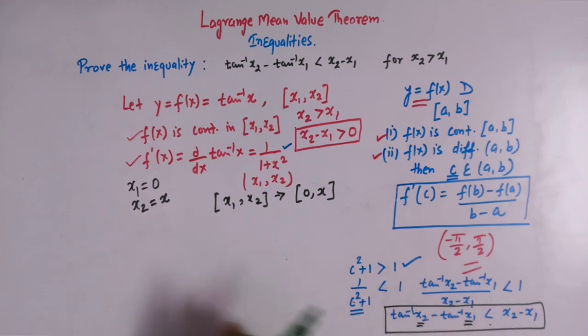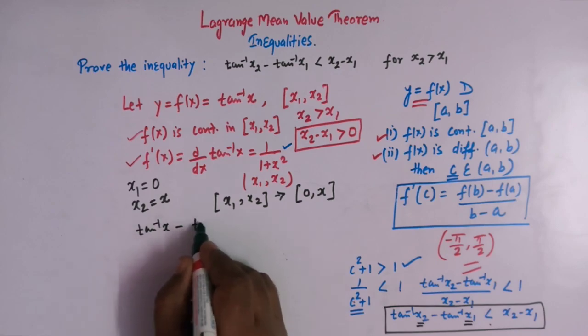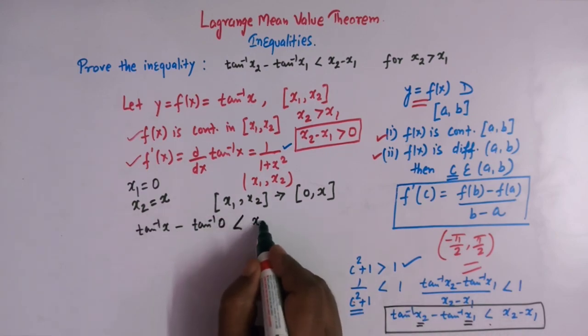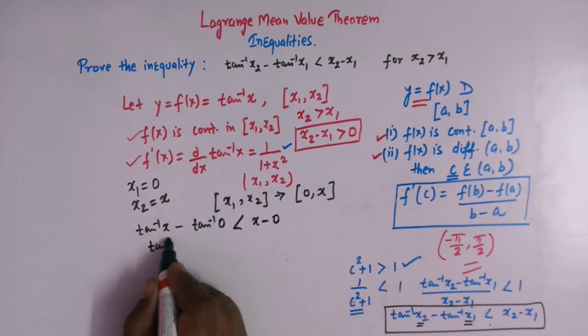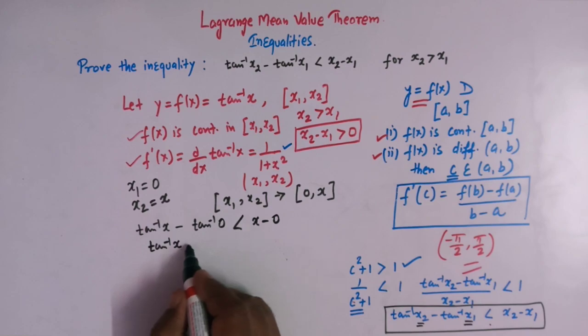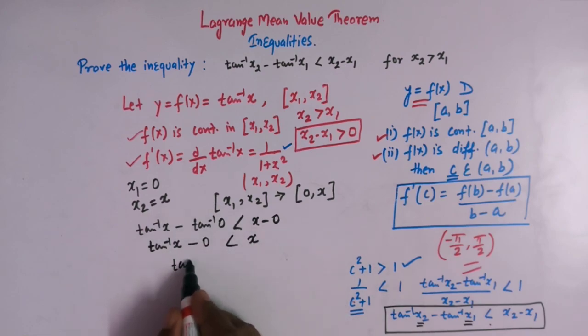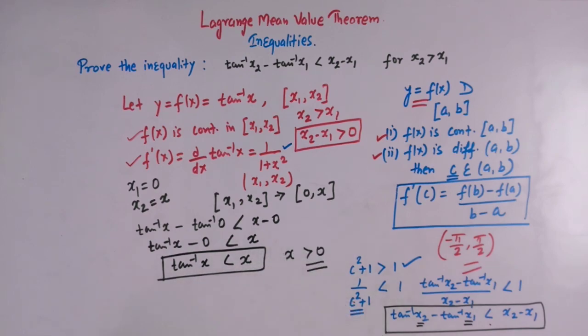Here we'll get tan inverse of x minus tan inverse of 0, and here we have x2 minus x1, so this is x minus 0. Tan inverse of 0 is 0 and x minus 0 is x, so we get tan inverse of x is less than x for all x greater than 0, right?